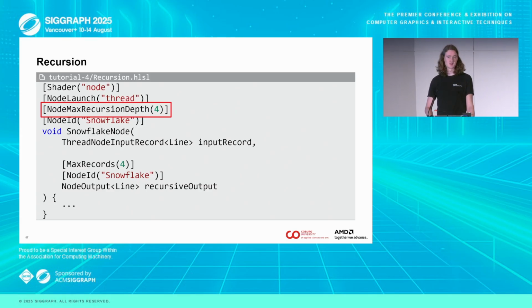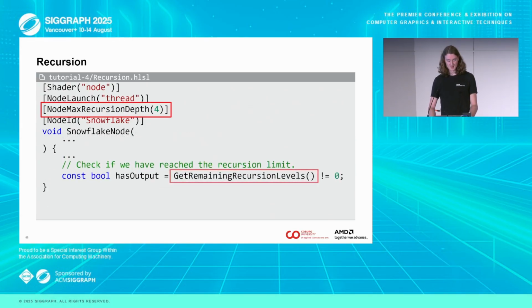So we'll get to why this is needed in a bit. But for example, in runtime code, you can then also check against this recursion limit with GetRemainingRecursionLevels. That will tell you how many more times you can recurse. And if this is 0, you can no longer output a record to the node itself. So why do we actually need this?